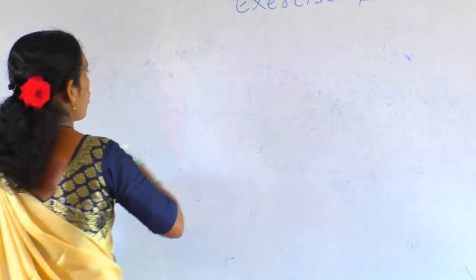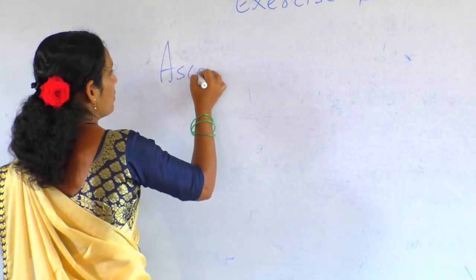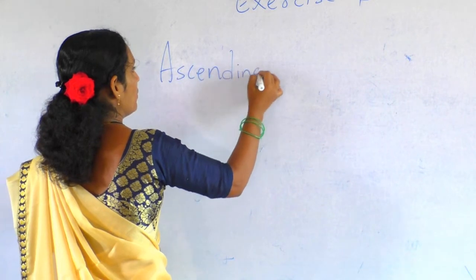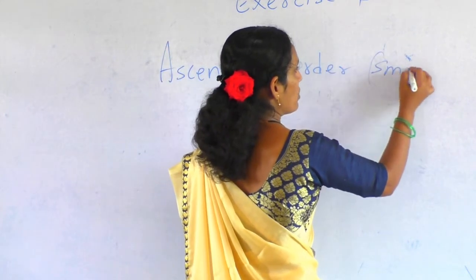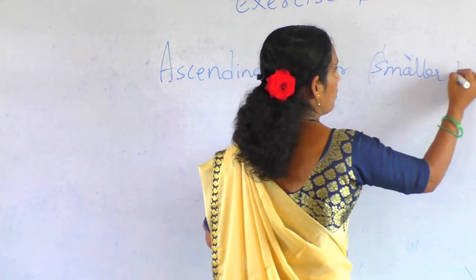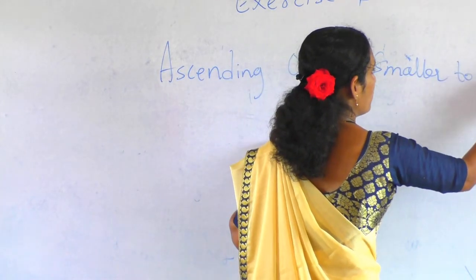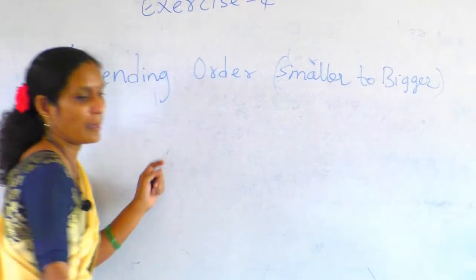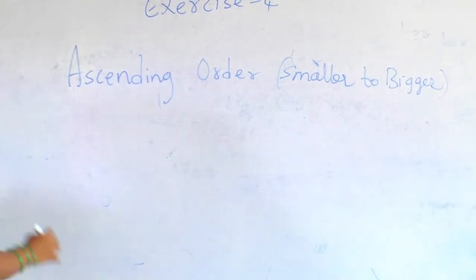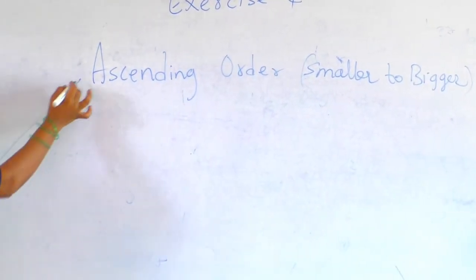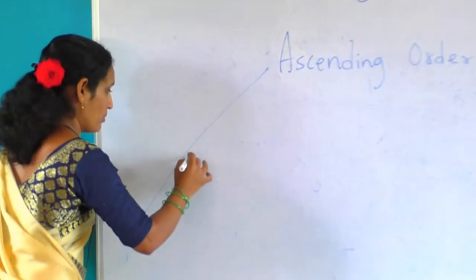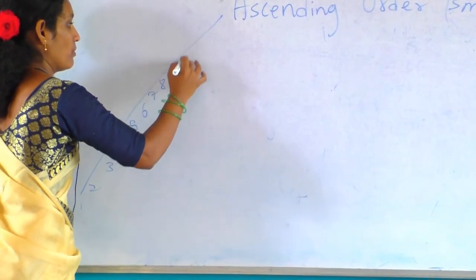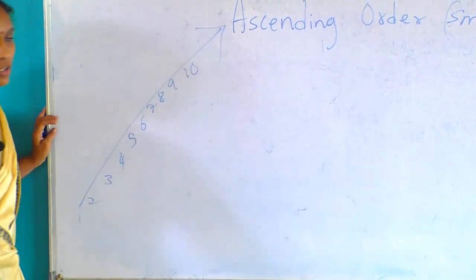Ascending order means smallest to biggest. Smaller to bigger. See.